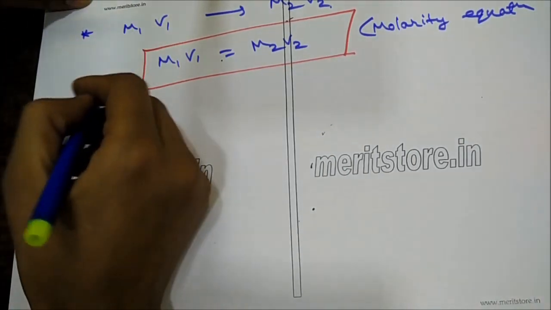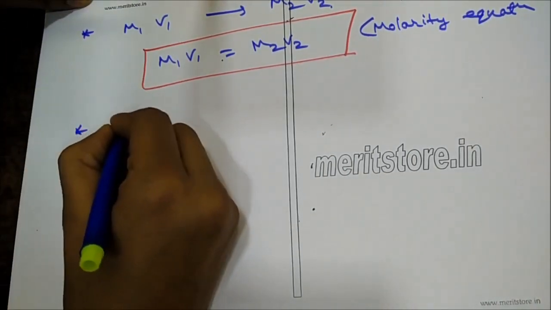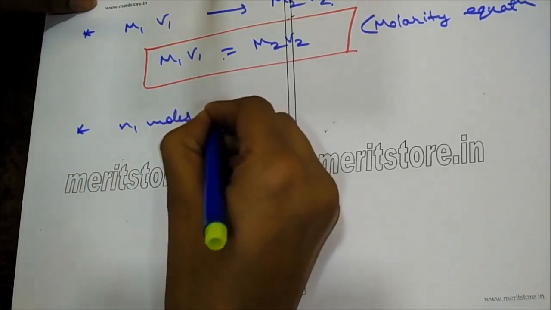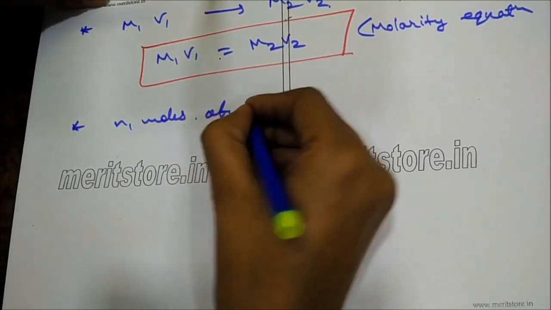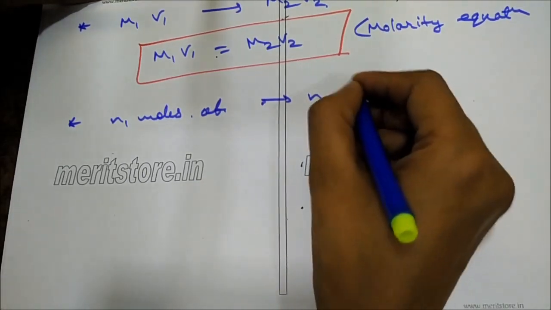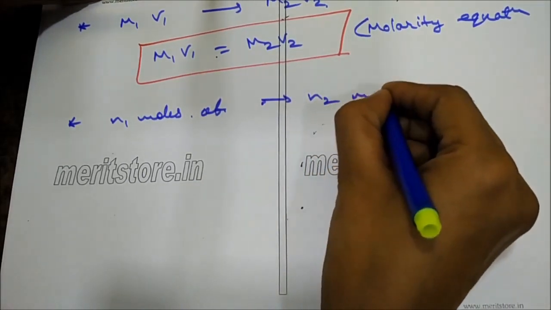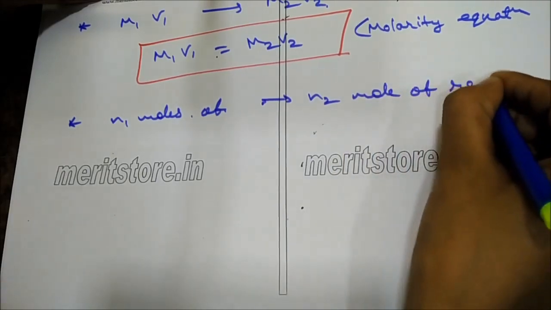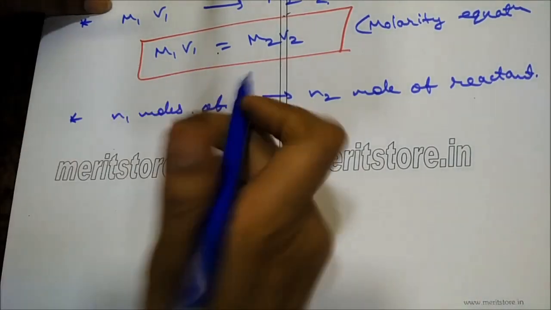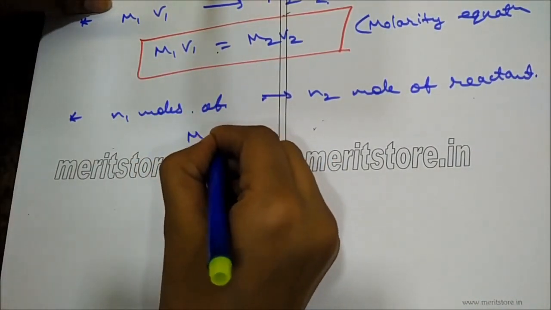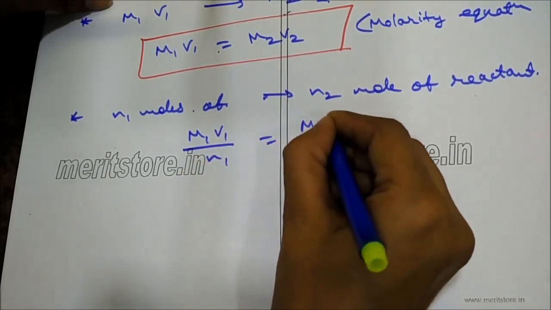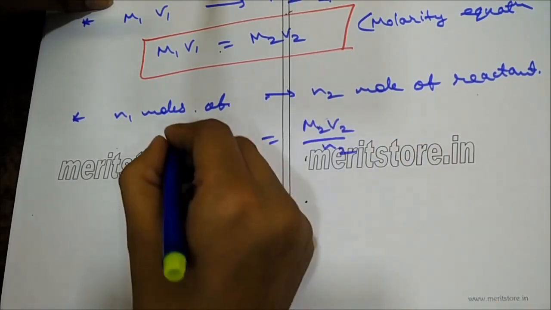In a balanced chemical equation, if m1 moles, n1 moles of reactant 1 react with n2 moles of reactant 2, then the equation will become like this: m1v1 upon n1 will be equal to m2v2 upon n2.